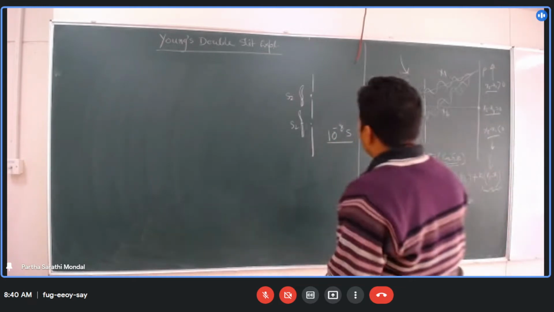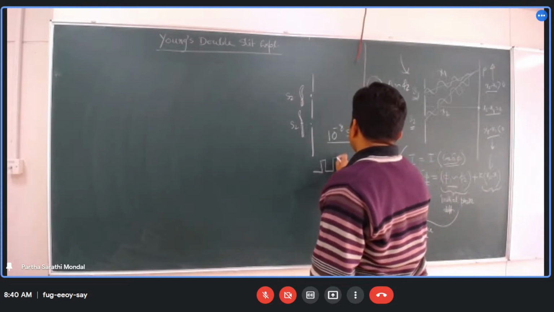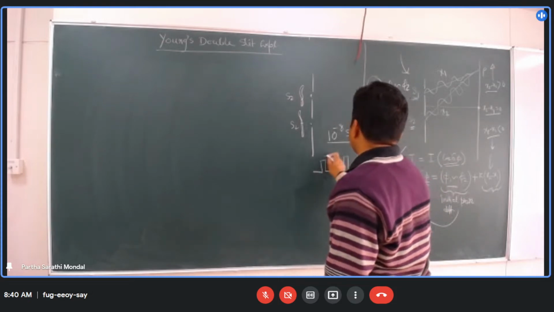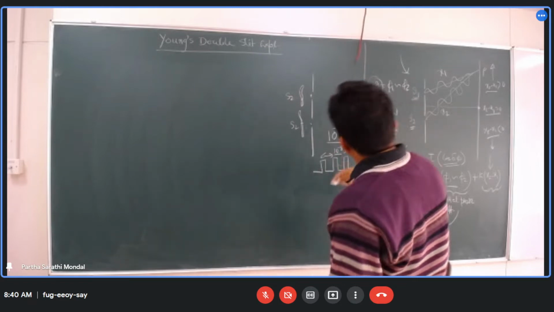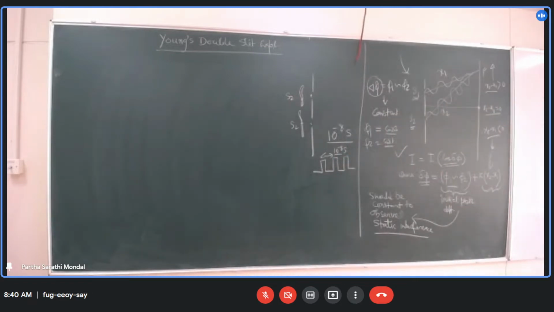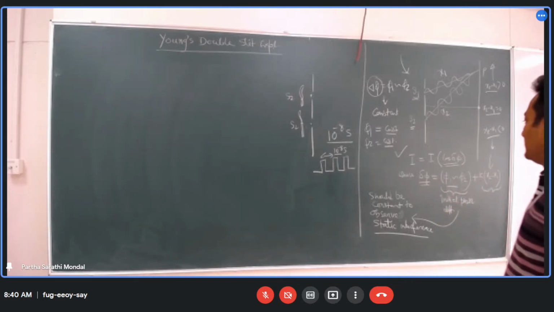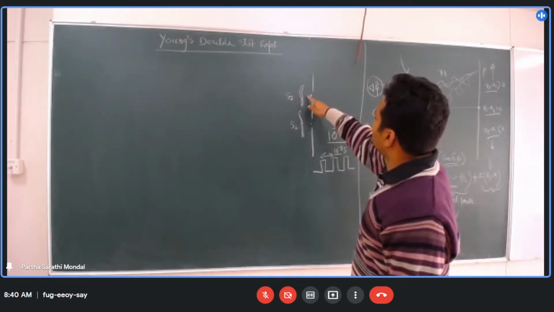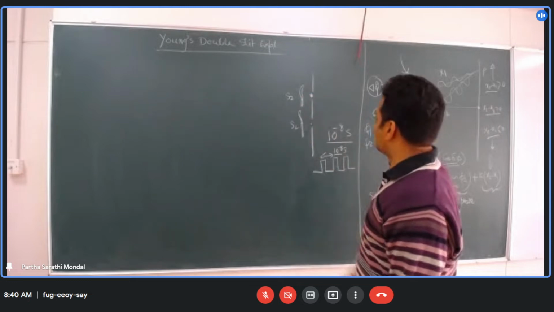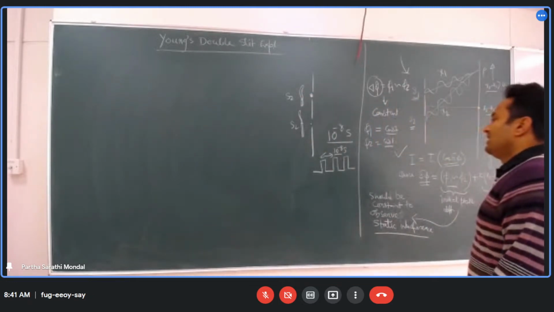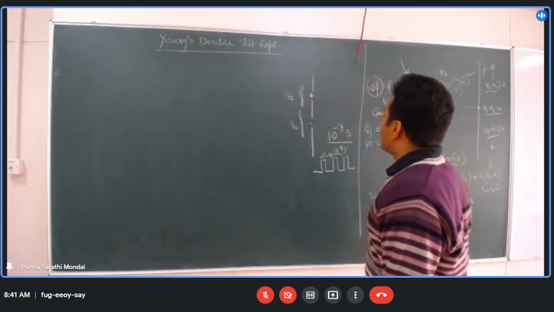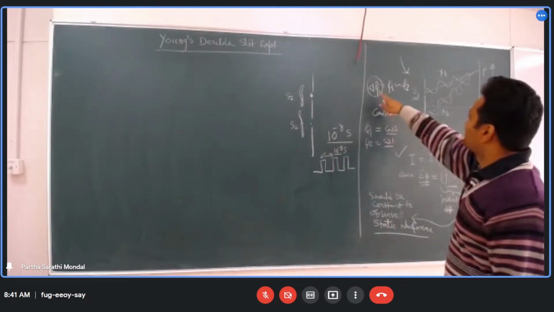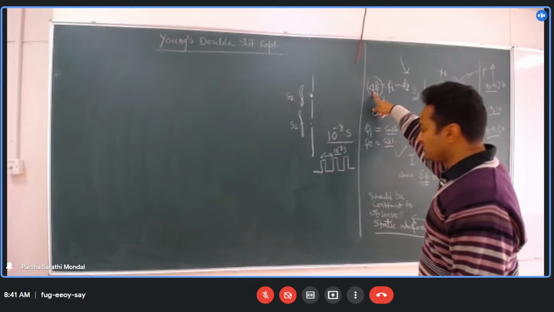So every 10 to the power minus 8 second you get a new initial phase emitted from the light source. These two pulse trains cannot be similar, and their phase difference will not be constant at all.